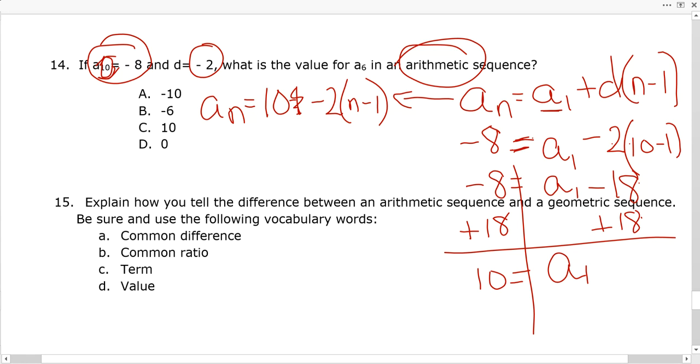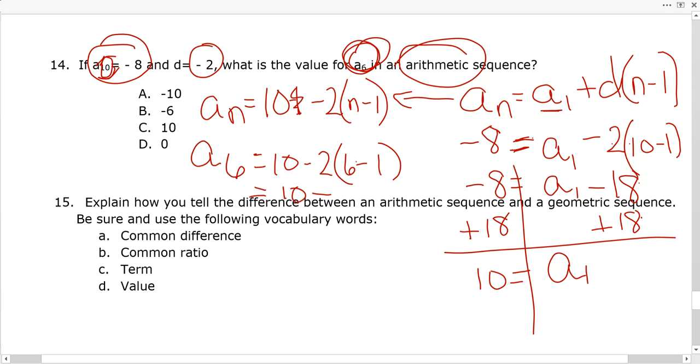Okay, now I want to know for a6, and so I'm going to put in my a sub 6, 10 minus 2 times, since n is 6, we're going to have n minus 1, which is 5. I end up with 10 minus 2 times 5 is 10, and a sub 6 is going to be 0. D is your answer.